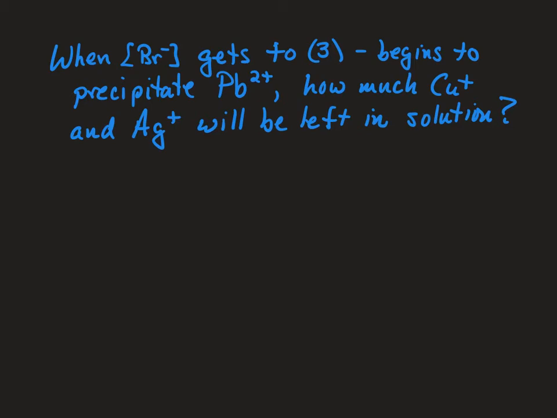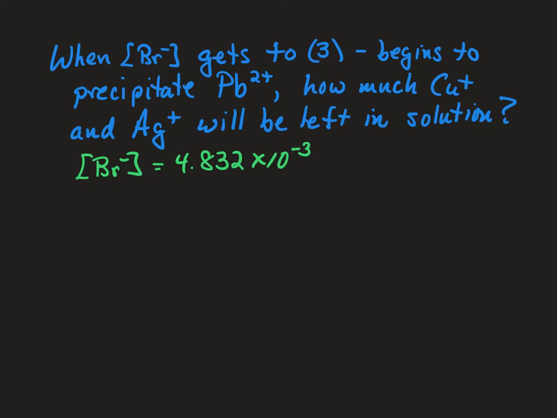Well, we know that when we get to 3, the concentration of bromide ion is 4.832 times 10 to the minus 3 molar. That's what we had determined earlier.